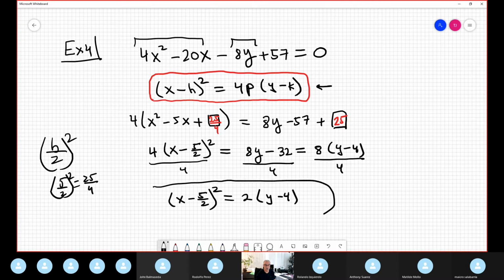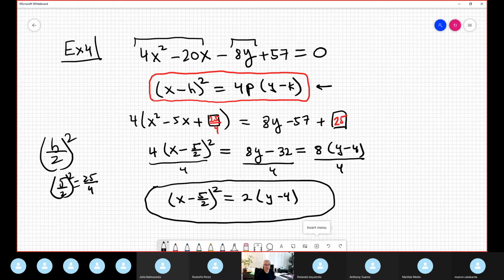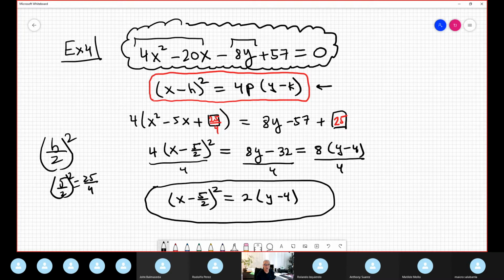So this equation is 100% algebraically equivalent to this, because the only thing that we are doing is completing the square. You introduce artificially 25 over 4, but you introduce 25 on the other side to say the equation is equivalent. It's the same equation. This is more clear now in this equation.